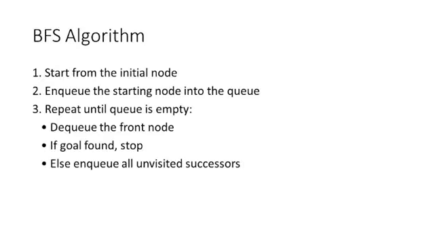If the current node is not the goal node, we repeat the process and check each child of the current node, and then insert it into the queue. If the goal node is found, we stop our searching.